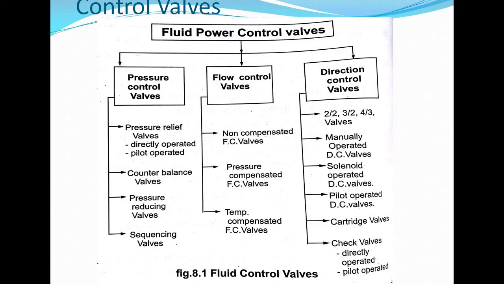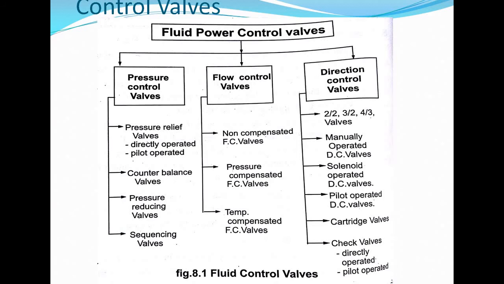Under pressure control valves, there are types such as pressure relief valve, which can be directly operated or pilot operated. Under pressure control valves, there are also counterbalance valve, then pressure reducing valve, and then sequencing valve.